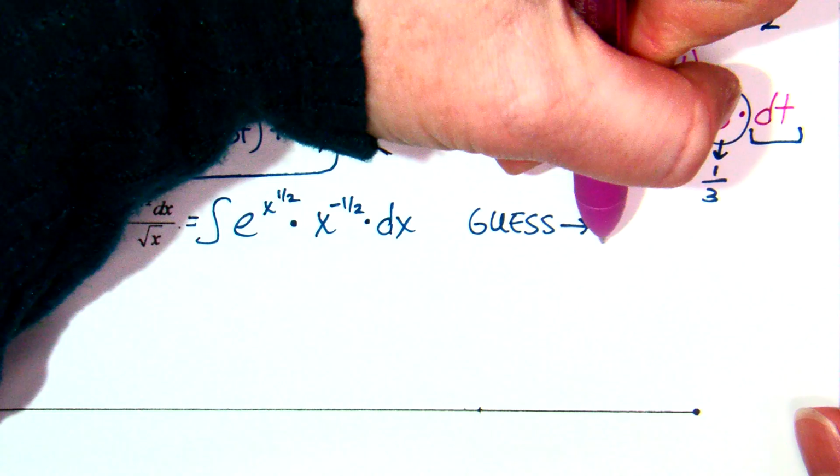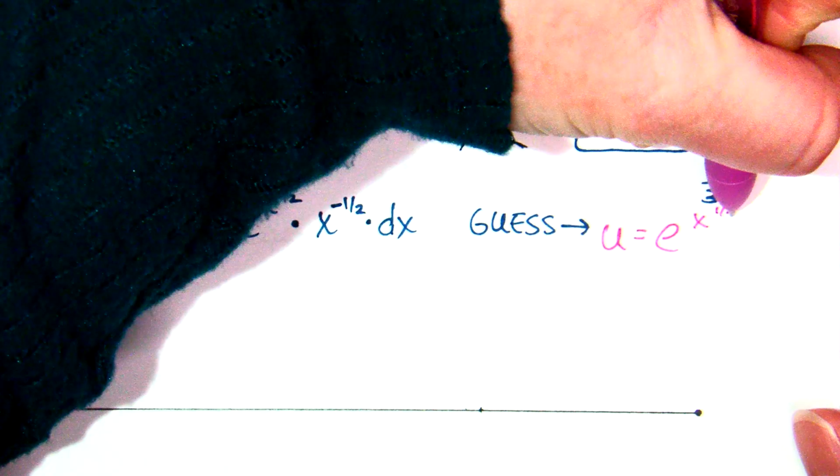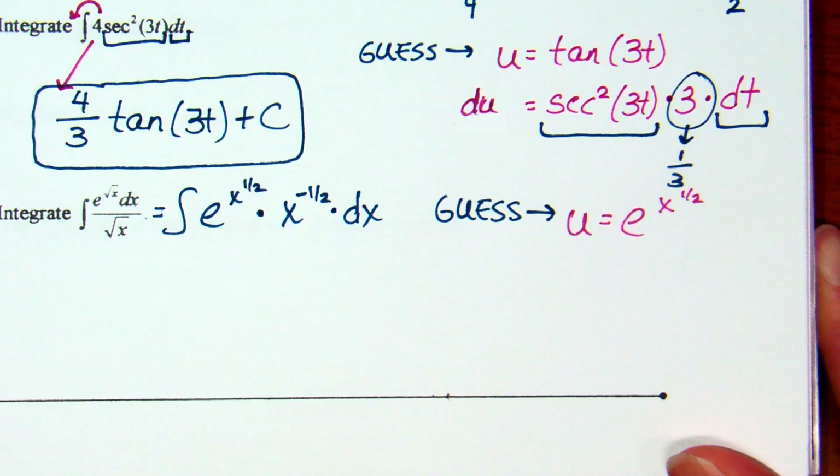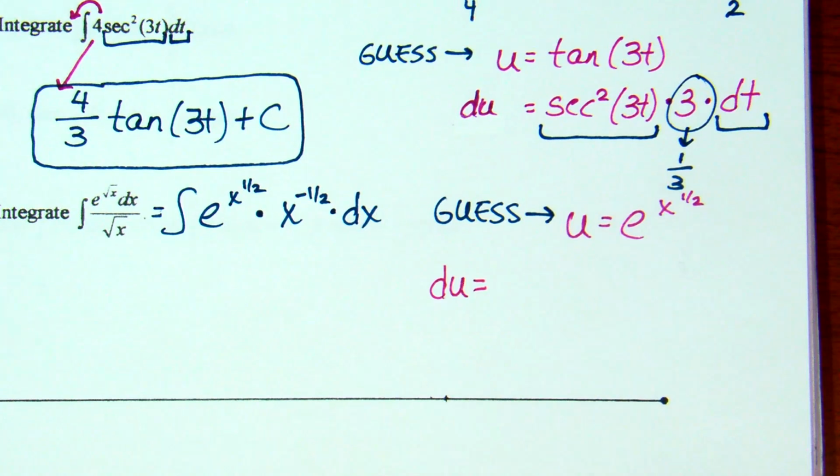E to the x to the 1/2. You guys call this an overly complicated problem, but only because there's an exponent within an exponent. But that doesn't make it as horrible as you think, because the base is e. If the base was something else, I might agree with you, but the base is e.